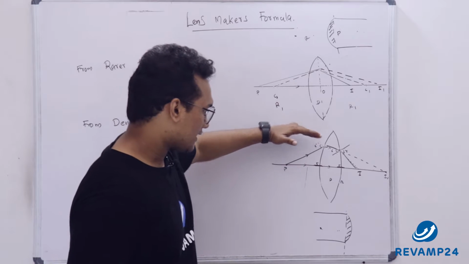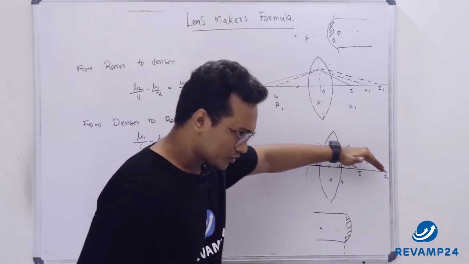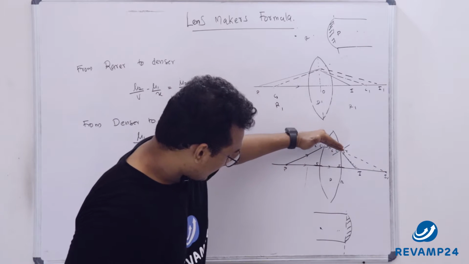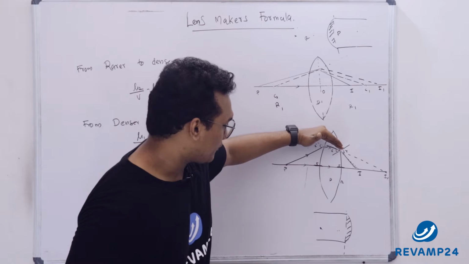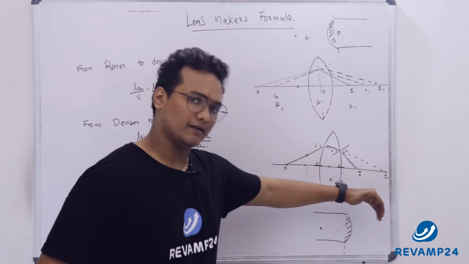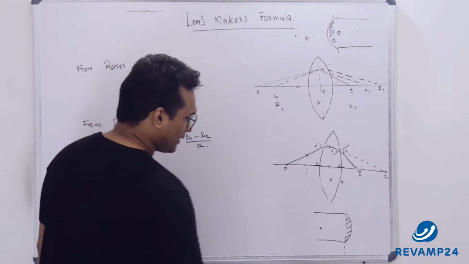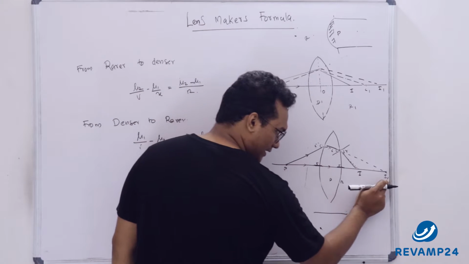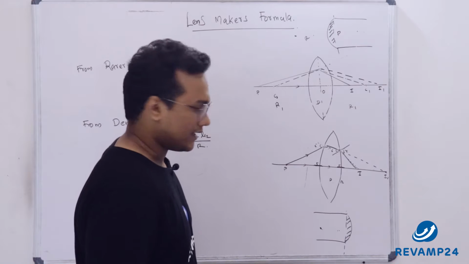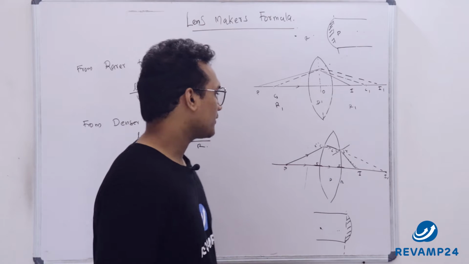So with one refraction it was supposed to go in this way, but when this ray reached here, one more refraction occurred and it has now bent in this way. So I can say that this created an image here.